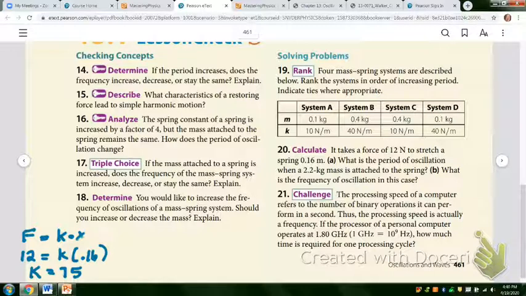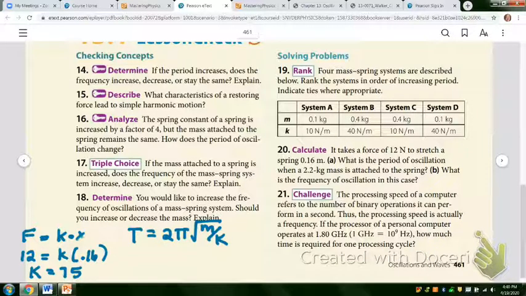All right, so now I can go back and use that K value in my formula to calculate frequency and period. So letter A says what is the period? So remember that period is 2 pi times the square root of M over K. That's my formula.